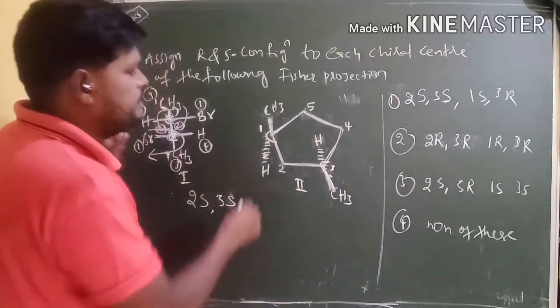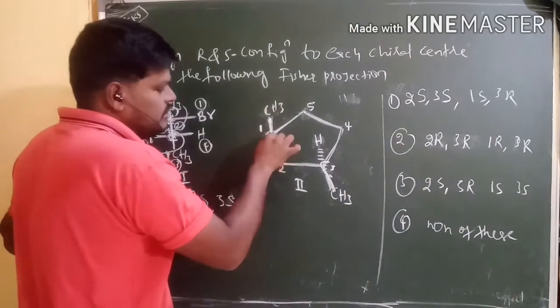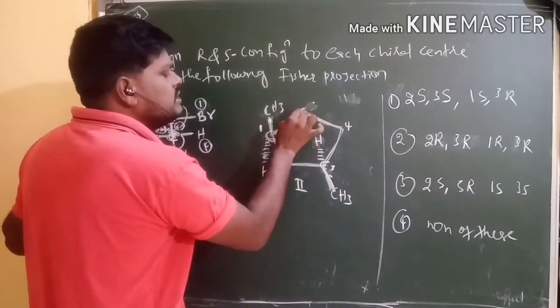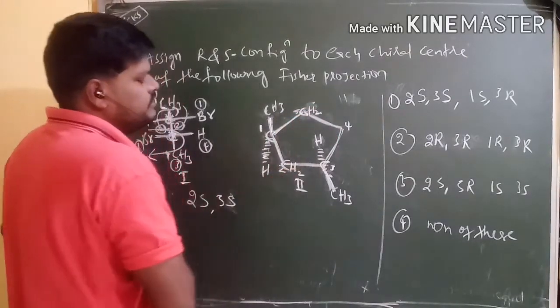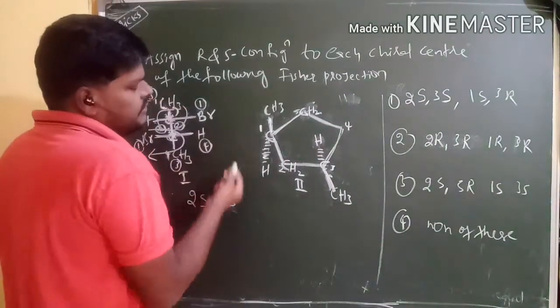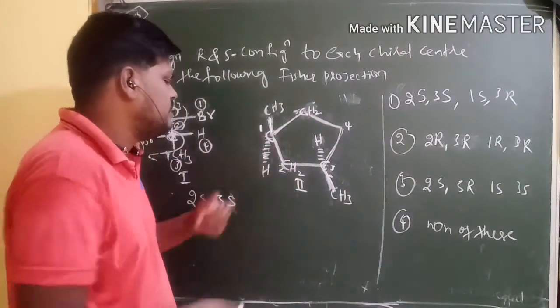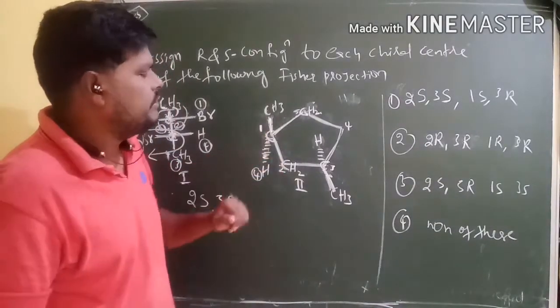So look at the first one. This carbon is surrounded by carbon, again carbon, again carbon. Carbon, in the sense, this is CH2, sir. Right? What is the first priority here? Carbon, carbon, carbon. Hydrogen, of course, is the least priority. Go for the next one.